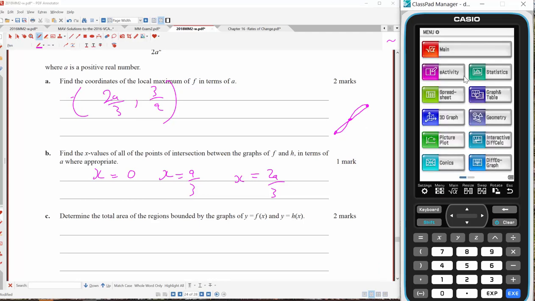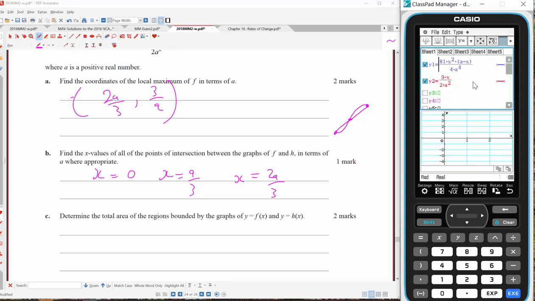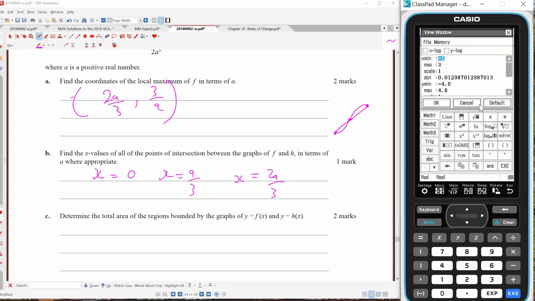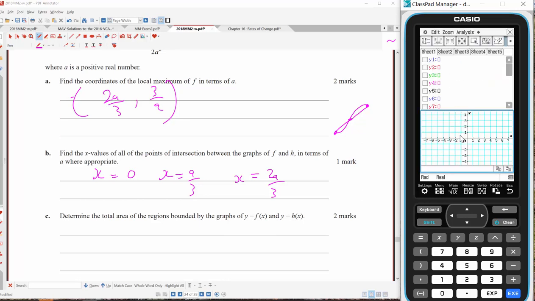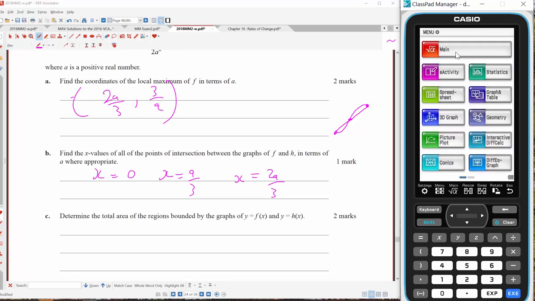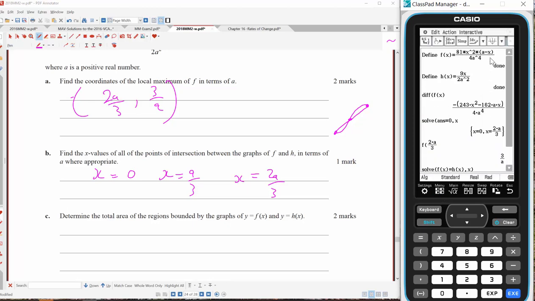So we'll go to graph and table, clear out this junk, and we want to graph them. We want to use this parameter button here. To do that, I need to copy and paste the graphs in. So I'm going to go to my definitions.